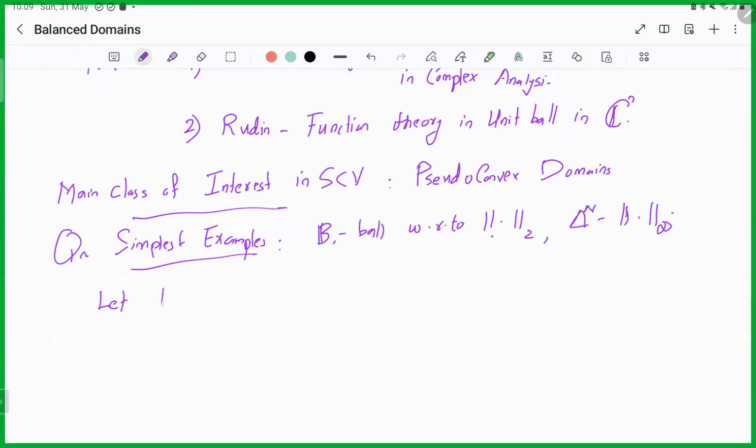Let B be a ball with respect to some norm on C^n. Then B is also pseudoconvex.